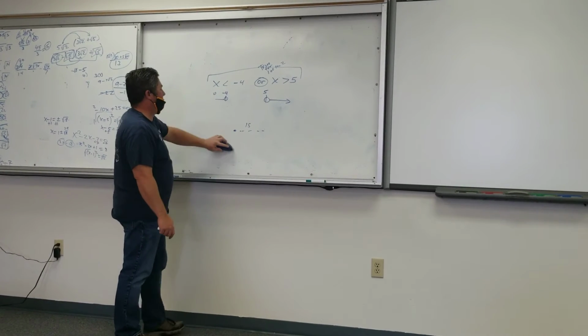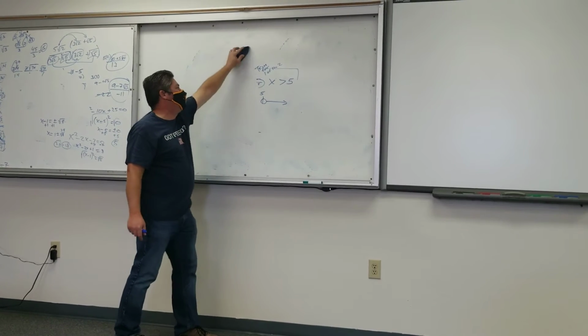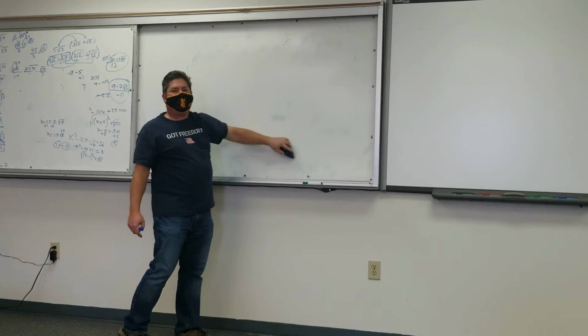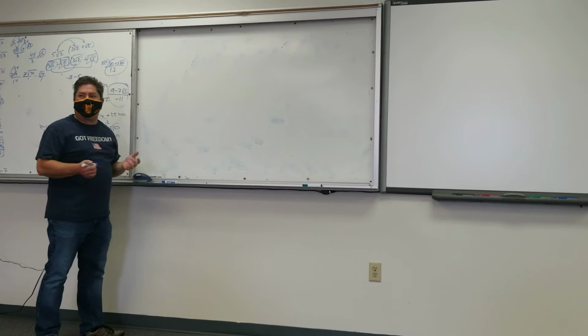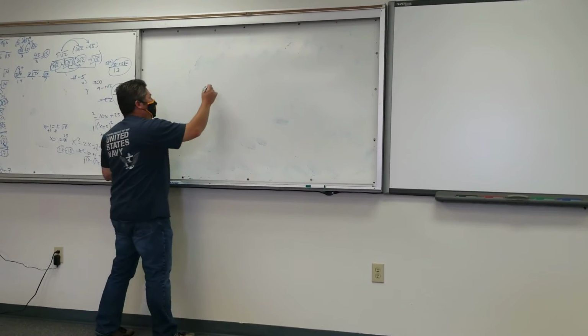Now, "and"s are weird. And can either have the word "and," or it can be written like I just showed you, and the way I just showed you is going to be the weirder one. So let's do this.